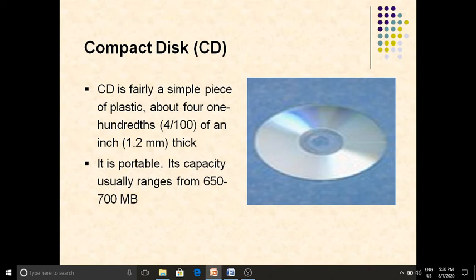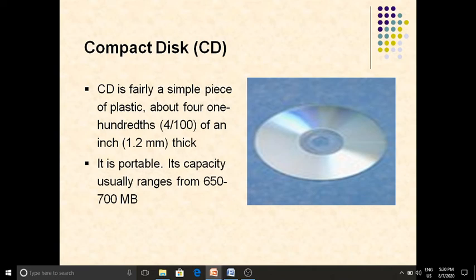It is portable. Its capacity usually ranges from 650 to 700 megabytes. It can hold data. What is the meaning of portable? You can take the CD anywhere.